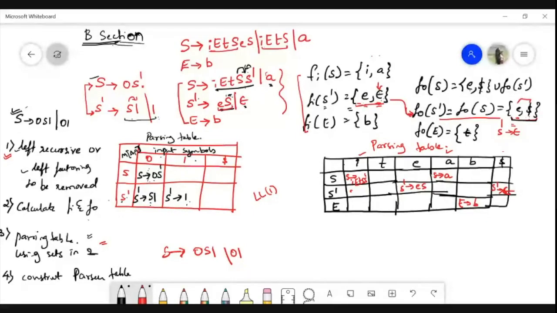It is S dash giving epsilon. So I have multiple entries, a double entry.